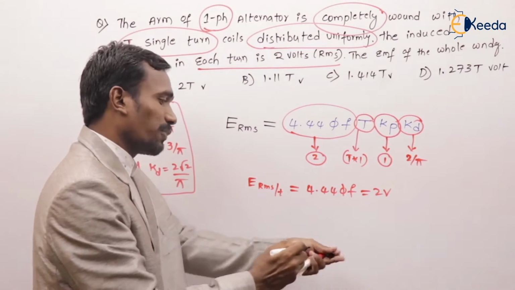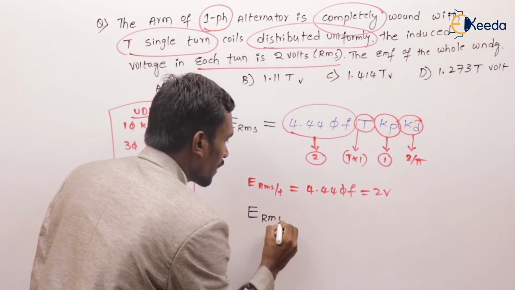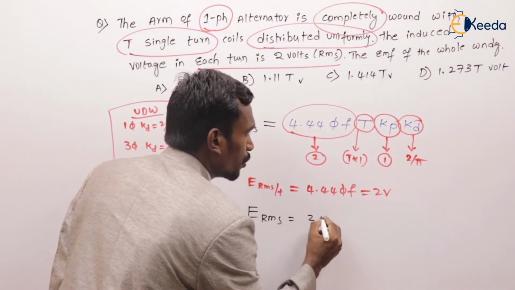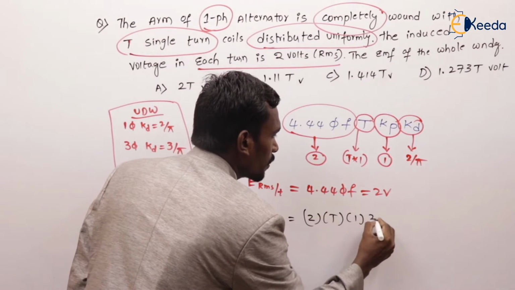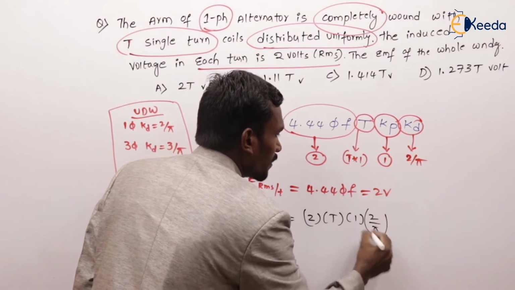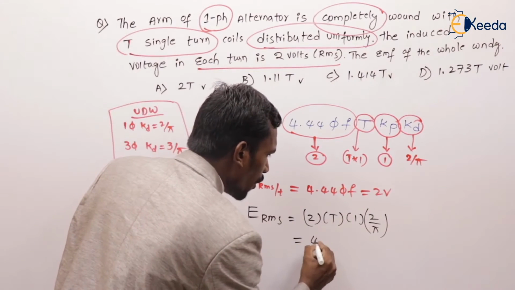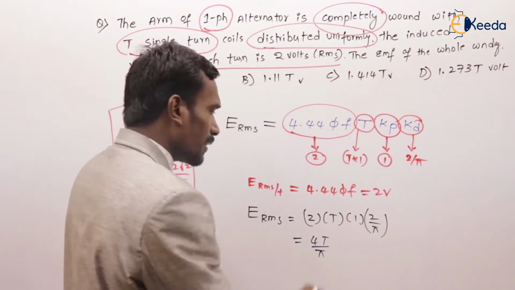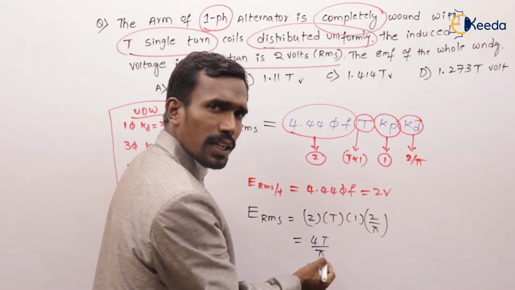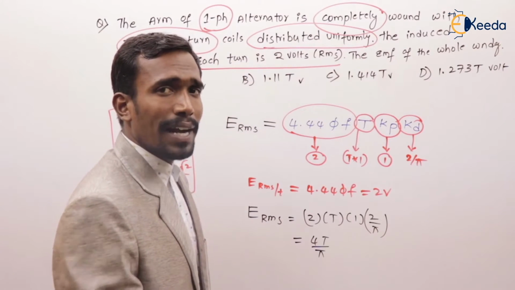Now tell me what is finally the whole ERMS. Whole ERMS is equal to 2T into 2 by pi. This is our answer. Nothing but 4T by pi, 4T by 22 by 7, 4T by 3.14.